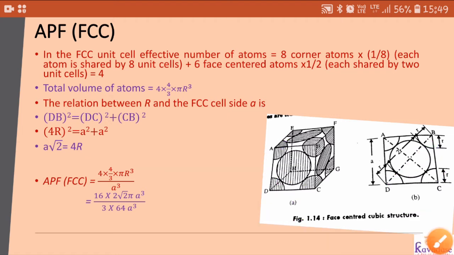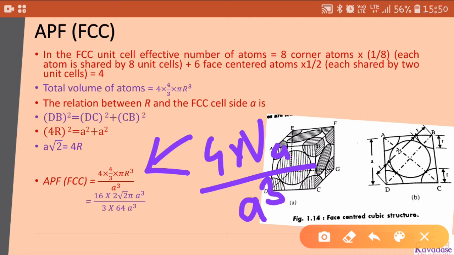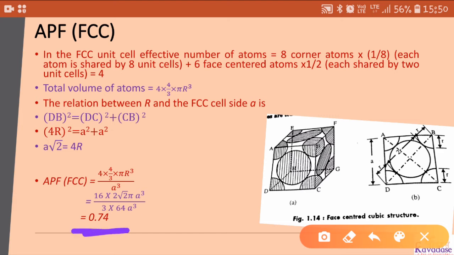Okay, so we already know APF can be written as number of atoms into volume of atoms. Volume of atom is 4 by 3 pi r cube. Then volume of unit cell is a cube, hence volume of cube is length cube, means A cube. By putting the value of R or A from this relation, and if you solve it carefully, you will get the APF as 0.74.